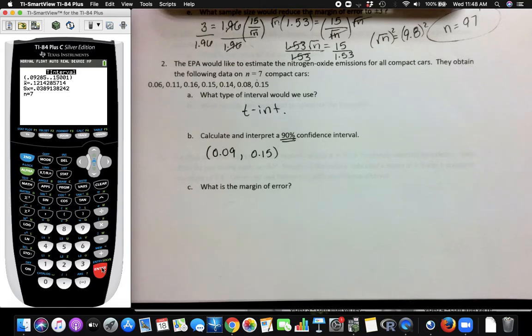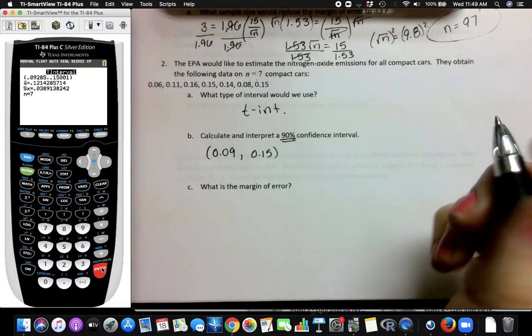So these are the nitrogen oxide emissions, and I'm not sure what the units are for that. Some of y'all in some upper level science might know better than me.